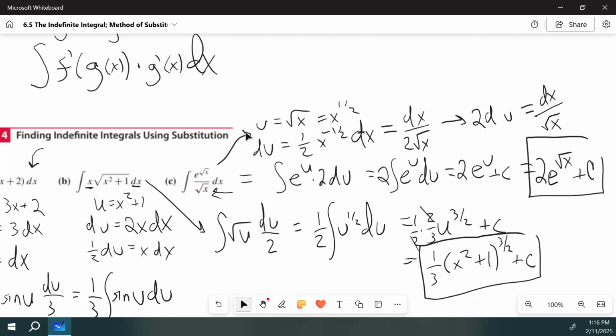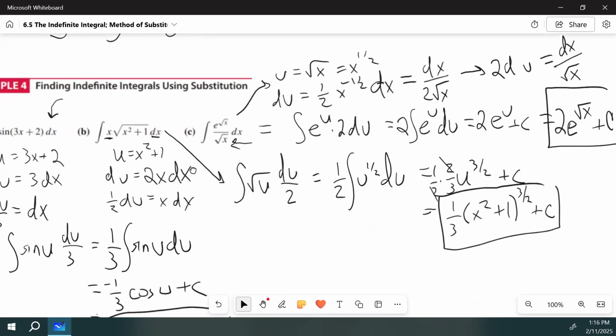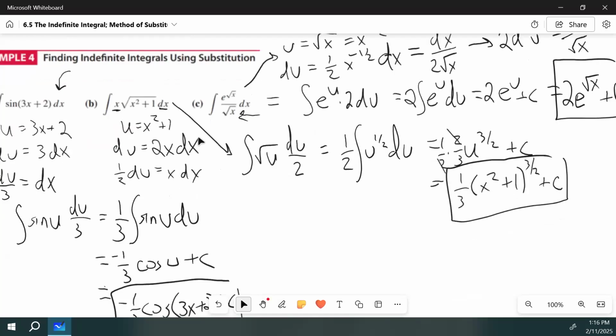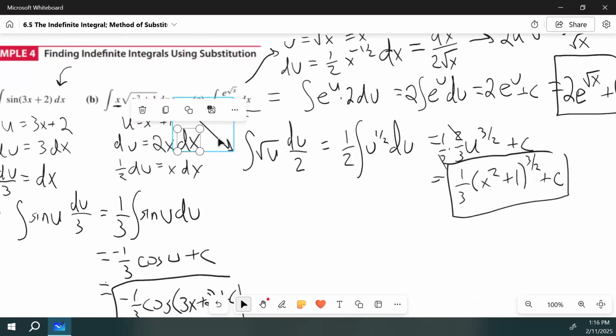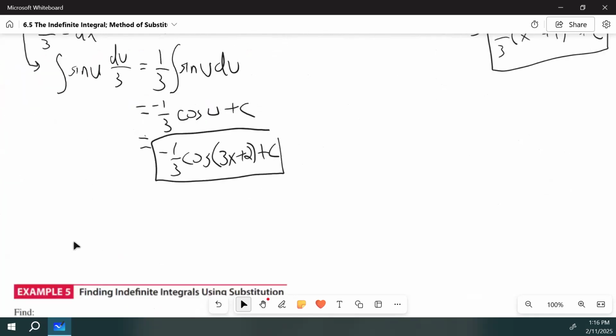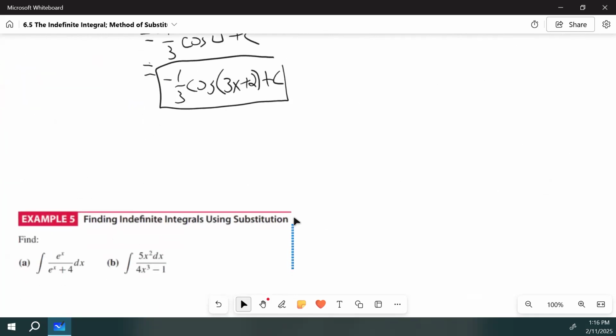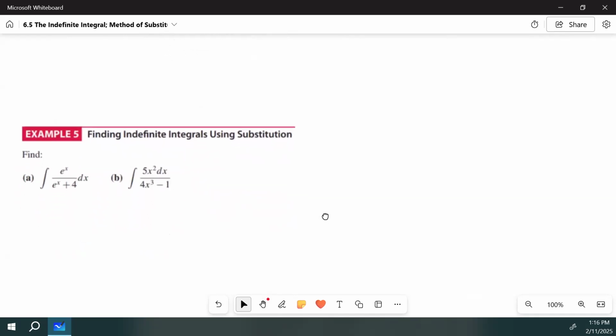All right, so hope that one was helpful to you. Now, substitution is often a good strategy when an integral equals the product of an expression involving a function and its derivative. So we had that in example B and C here. Now, if we move on to the next example, these look a little bit different.